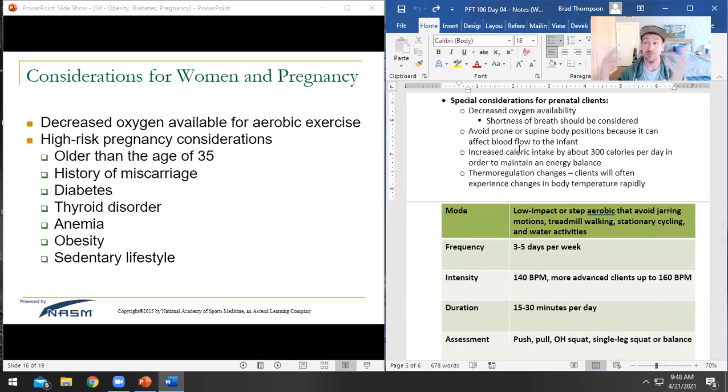All of that blood needs to be delivered to all of the cells of the client's body, but also all of the cells of the growing body inside. And so what ends up happening is there's a decreased availability of oxygen. A lot of times, shortness of breath is very, very common in our pregnant clients. So be cautious of that.